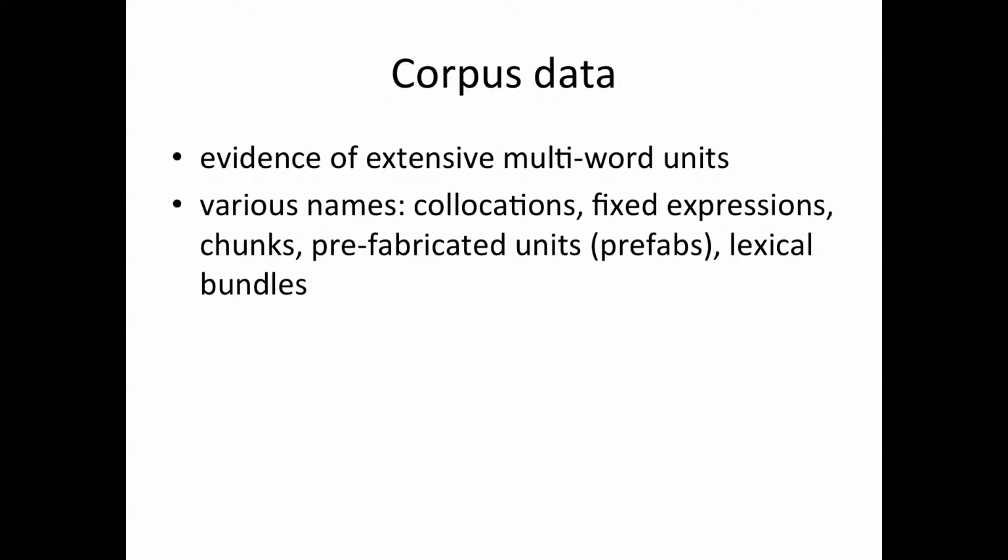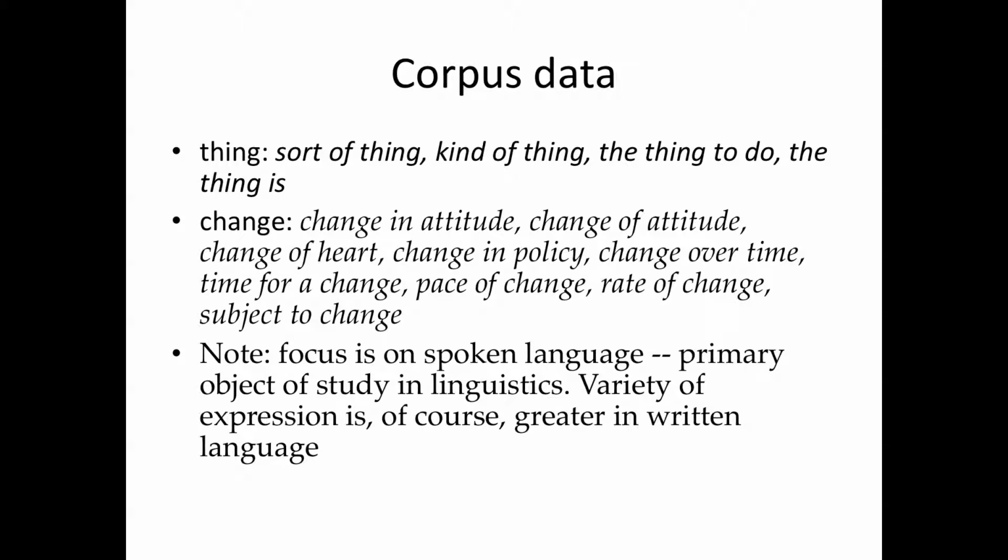And so when we look at corpus data, we come up with evidence of extensive multi-word units, like sort of thing, the thing to do. These have various names like collocations, fixed expressions, chunks, prefabricated units, prefabs, lexical bundles. If we look for the word change, we have things like change of attitude, change in attitude, change of heart, change in policy, change over time.